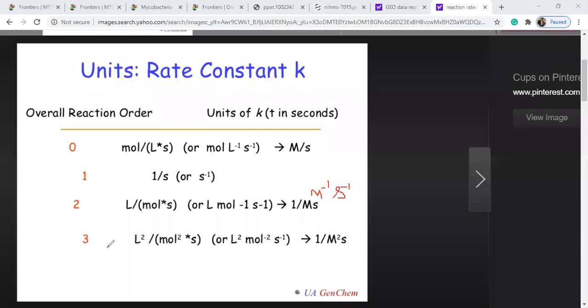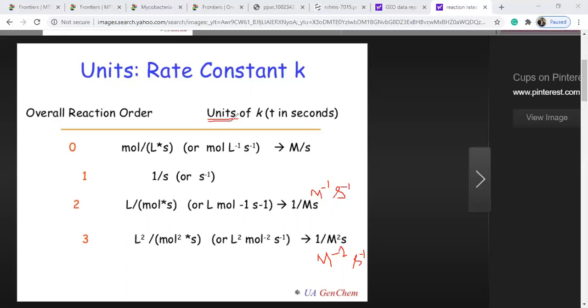So for the third order reaction, you will write 2 here, and for a fourth order reaction, you will write 3 here, and so on. It may simply be written as M-2, that is per molar, actually -2 because it is square here, S-1. So, like this.